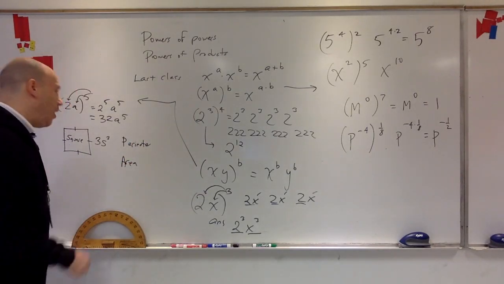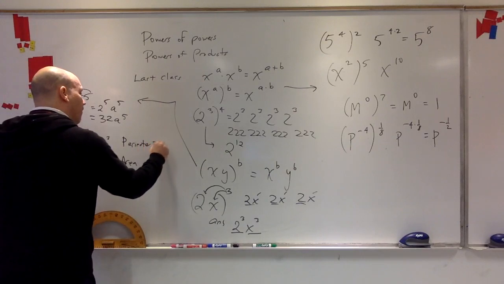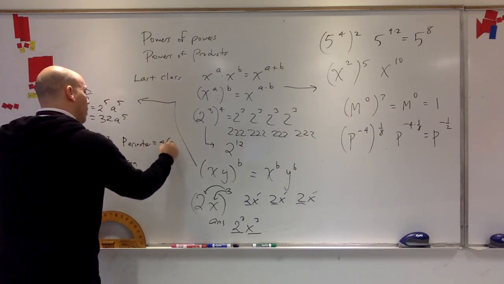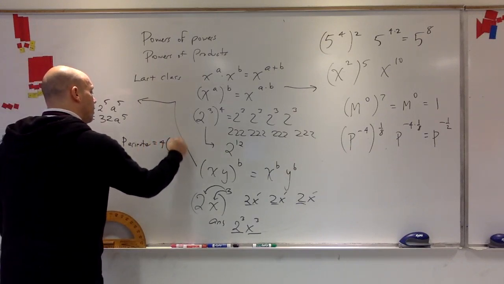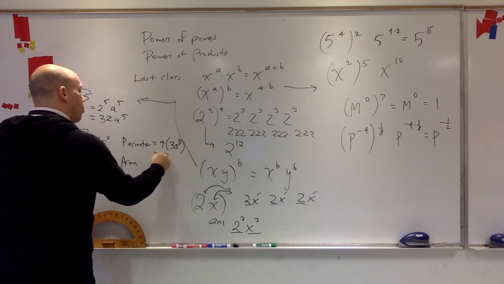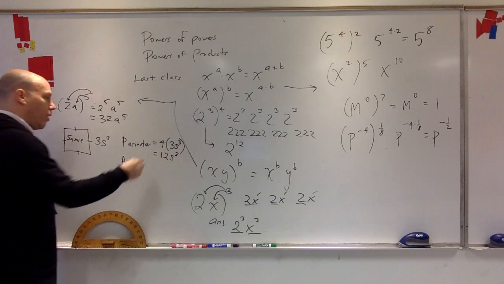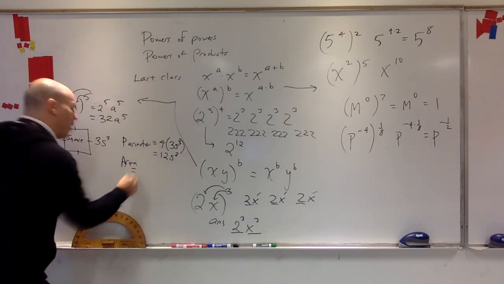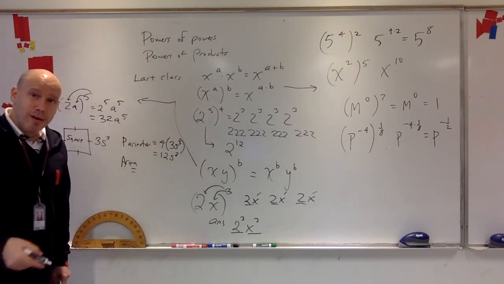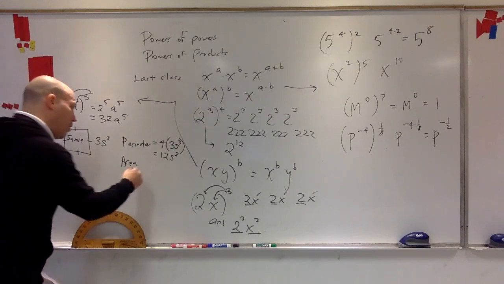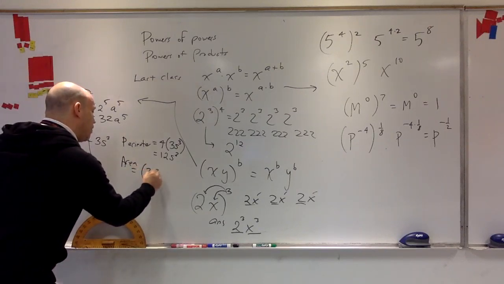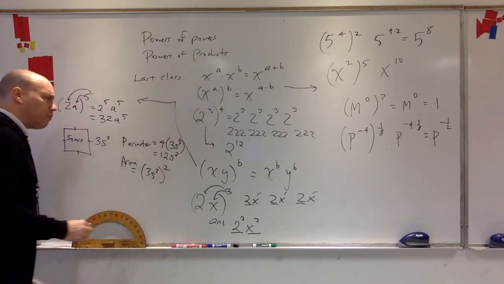Okay, we're back. Well, the perimeter is 4 times the sides. So that's easy. That's 12s cubed. What's going on with the area? Well, we know the area of a square is side squared. So it's 3s cubed squared.